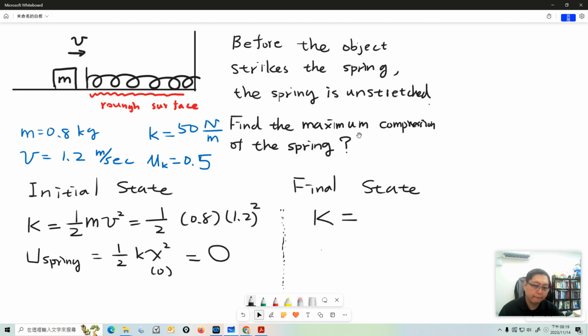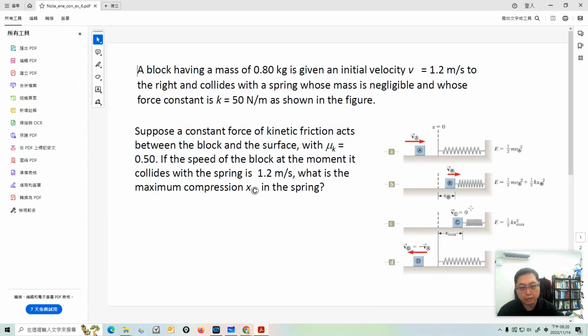At that instant, the object will fully stop, just like this figure shows. Because the object strikes the spring, the spring has a spring force to resist the strike, and also there is a frictional force.